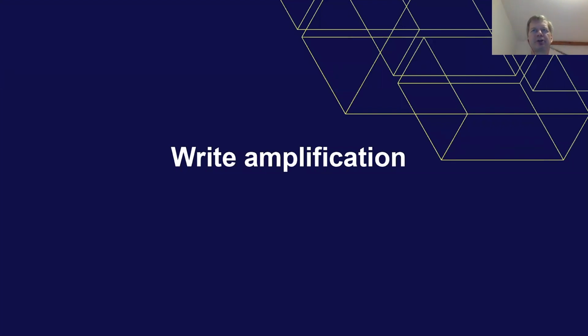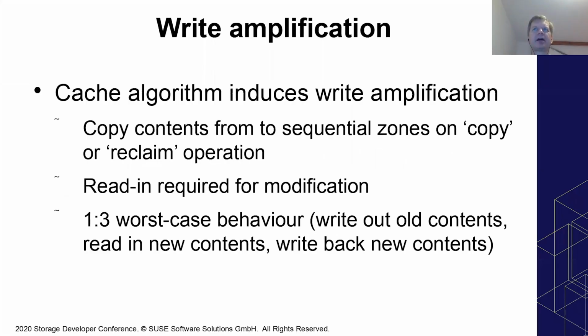The other problem in this setup is the write amplification. As we have to write out data, the cache algorithm itself induces write amplification. By copying out contents from sequential zones during the copy or reclaim operation, we have to read in data and write them out to other zones.